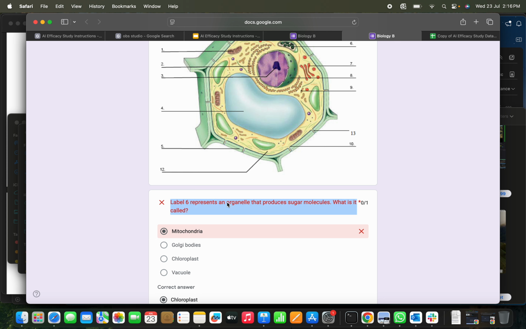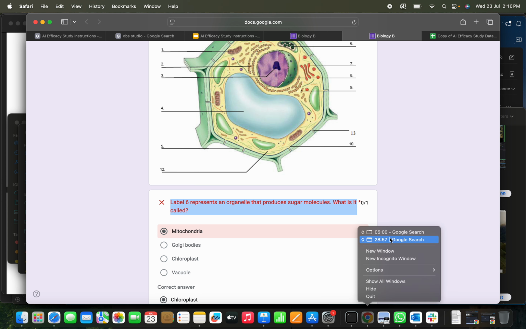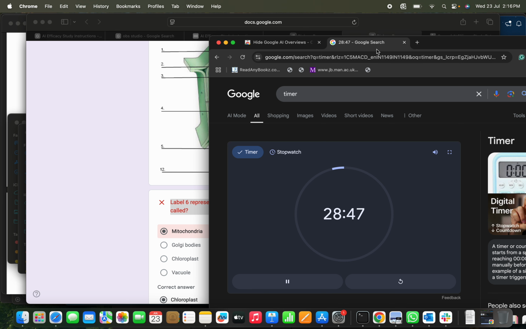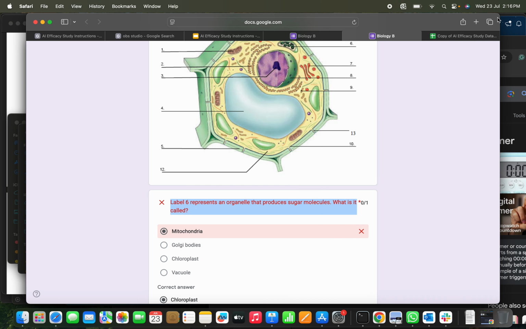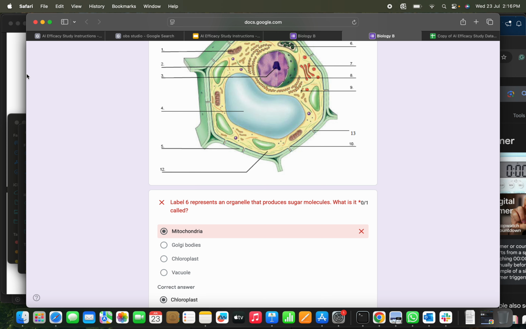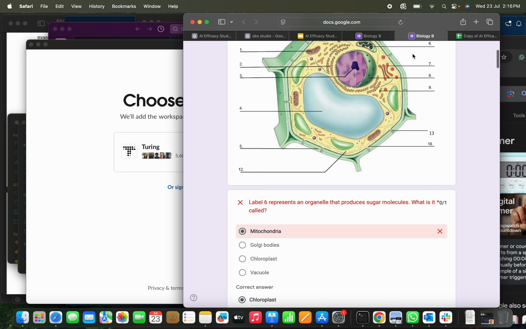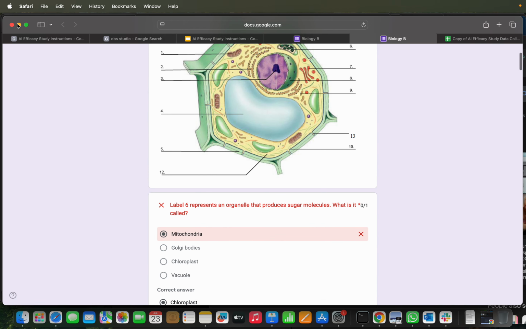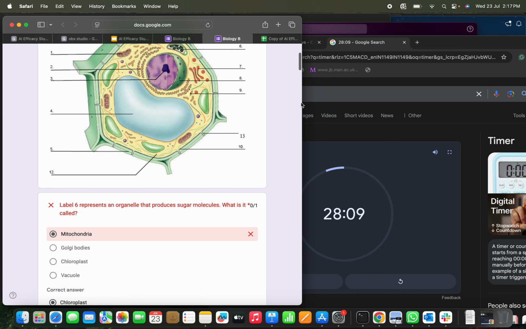Can I copy this? Okay, let's try keeping them both side by side. This is not working. Yeah, so this is how it goes here. Yeah, so now it's better.